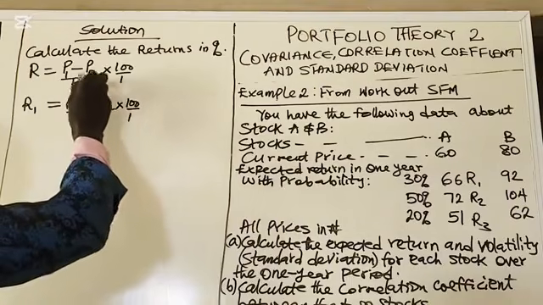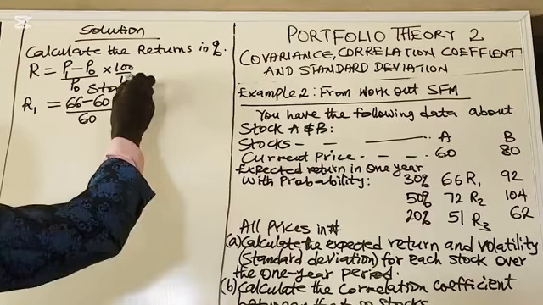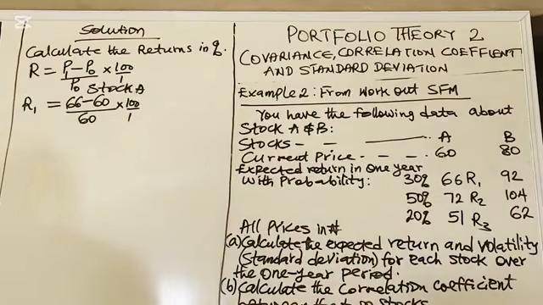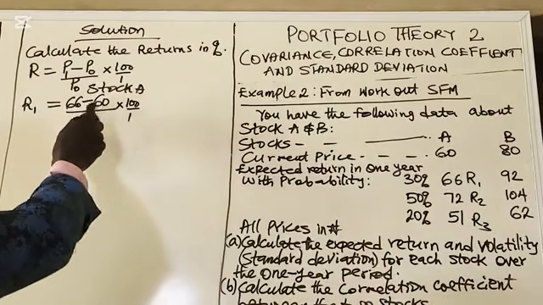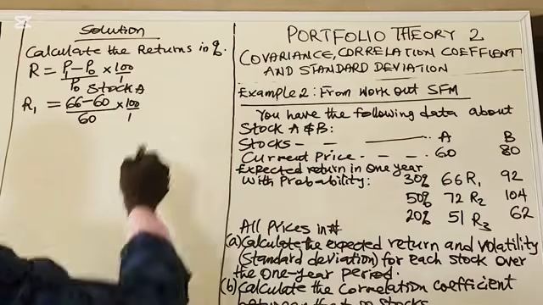This is for stock A. 66 minus 60, that would be 6. 6 over 60 times 100 gives us 10%.